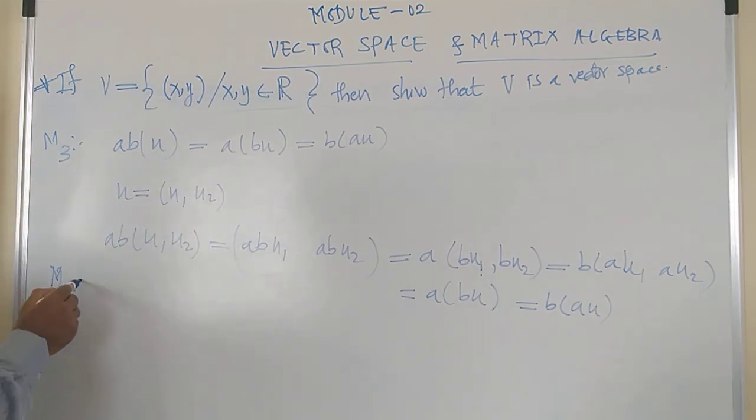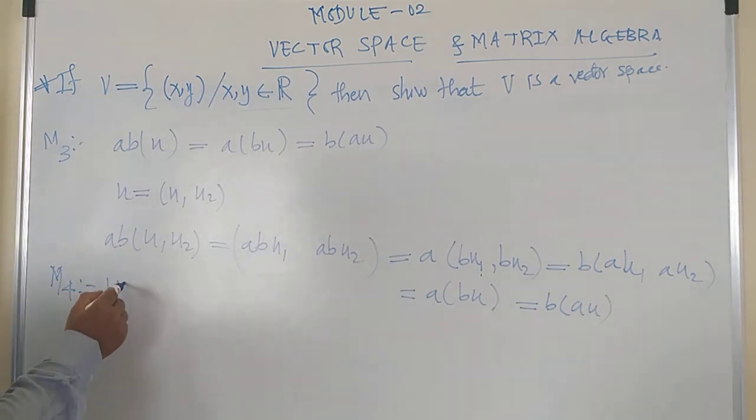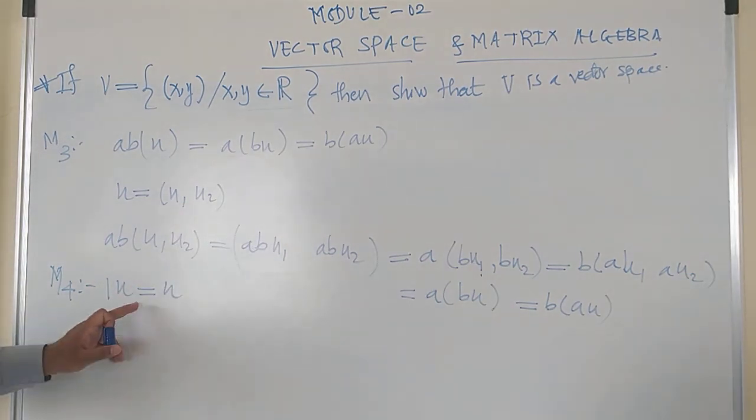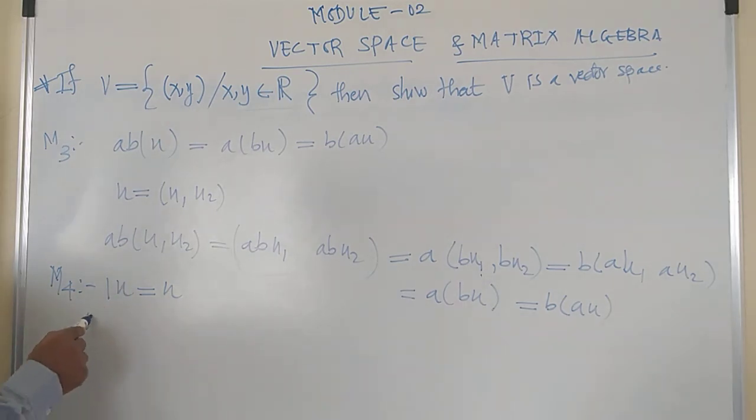Now let's check the last multiplication axiom, and the last multiplication axiom is for the unit scalar. So for the scalar 1, the multiplication of scalar 1 and a vector u is equal to the vector itself, then the given axiom is said to be followed. Now to check this, again consider a vector u having its elements u1 and u2 and check with the scalar 1.